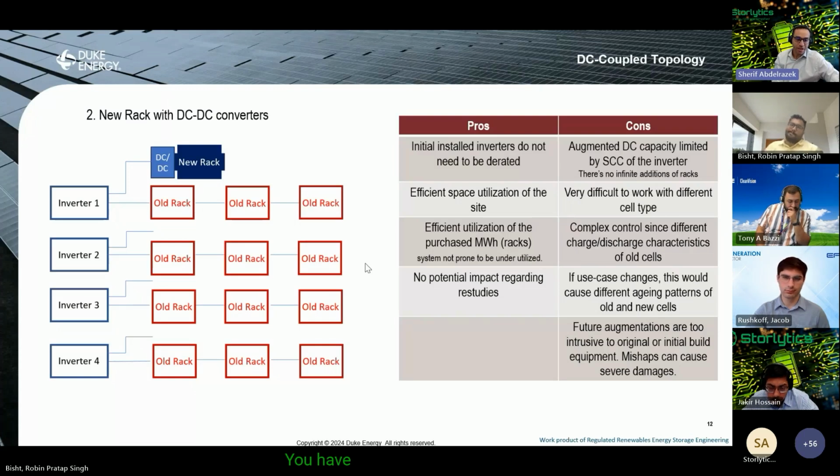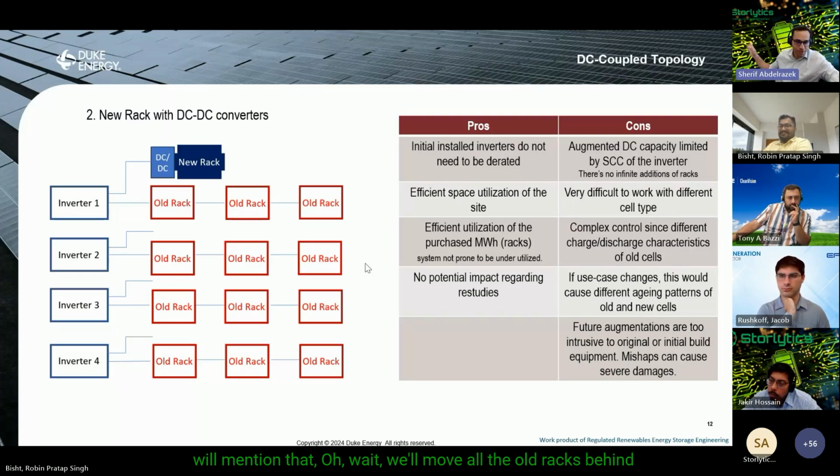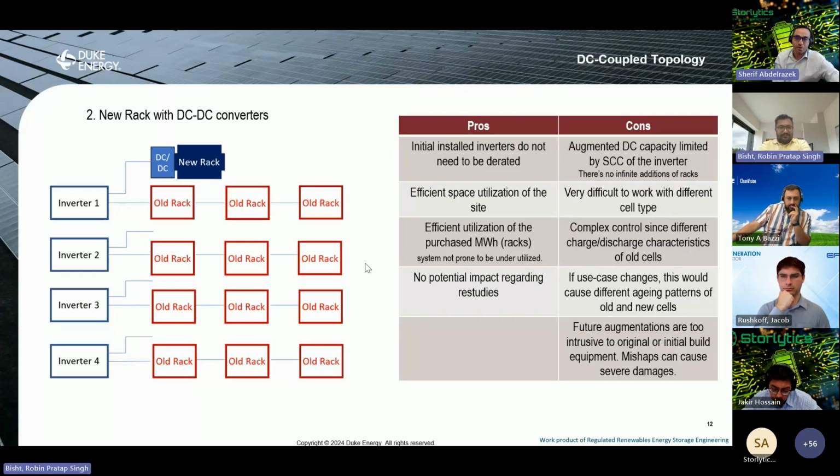You have form factor risks between old strings slash racks and new racks. You have voltage profile risks. So assuming that you're not going to be paralleling old and new racks, which is the first rebuttal that the champions of DC augmentation will mention, that we'll move all the old racks behind a single inverter and all the new racks behind a single inverter.